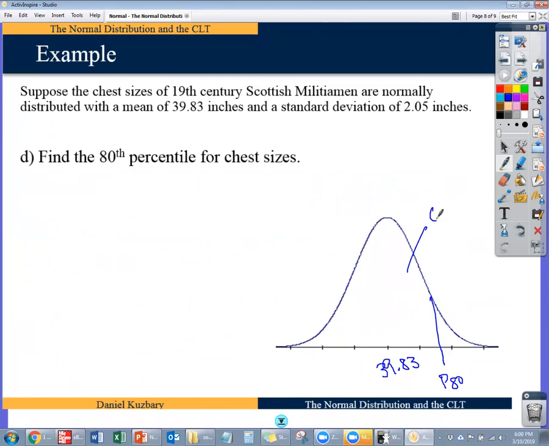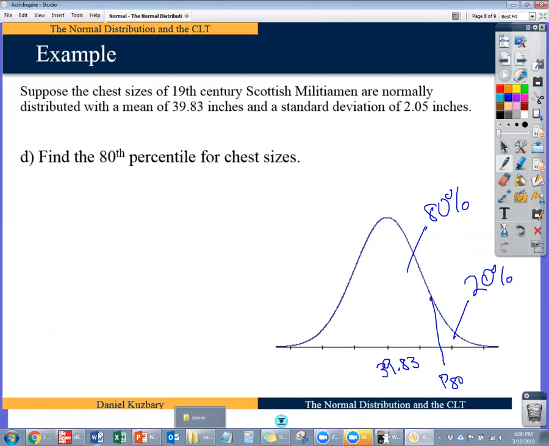And I want to find the number that separates the lower 80% from the upper 20%. And we have a method when we're in standard normal land for how to do this. So the method in standard normal land is to go onto the table and find what separates the lower 80% from the upper 20%, and that number is going to be our percentile.